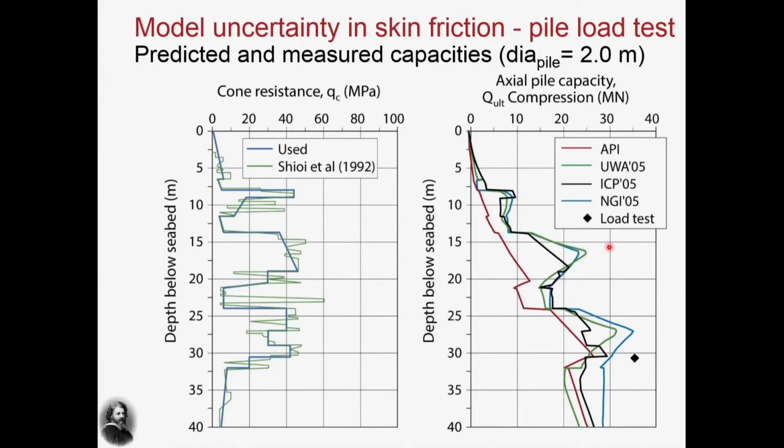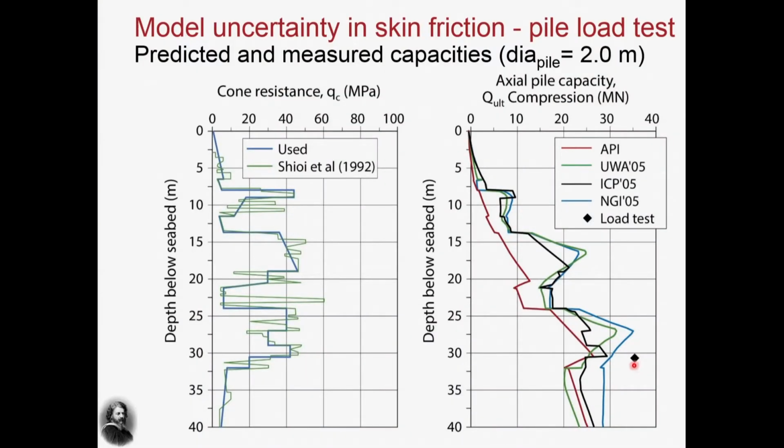Now, I mentioned that we need to have a model uncertainty. How do we obtain the model uncertainty for pile design? Well, I've illustrated this just with one example. What we do is we define a model uncertainty from the results of pile load tests. Now, here is one for the pile diameter 2 meters. I showed this one because it was close to 2.5 meter. We have databases with, it depends on the author, but let's say, 50 pile load tests in sand and 50 pile load tests in clay, which we consider good quality.